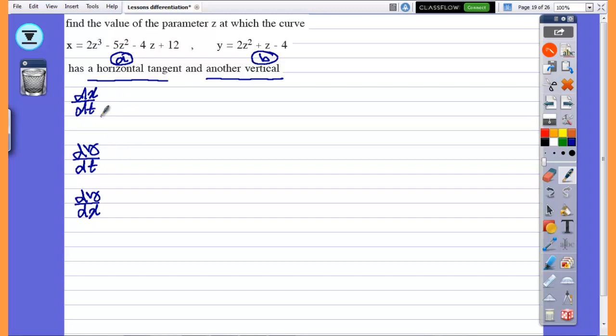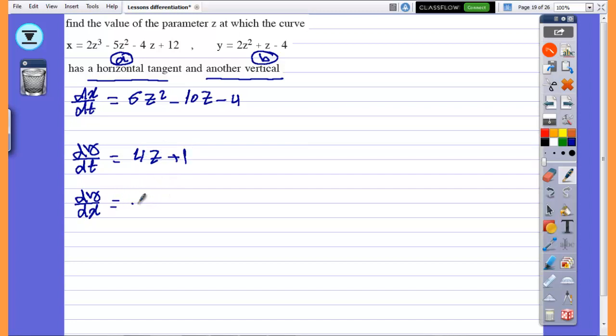Now dx/dz equals the derivative of 2z to the power 3, which is 6z squared, minus 10z minus 4, and dy/dz equals 4z plus 1.